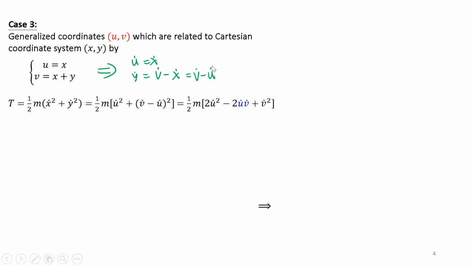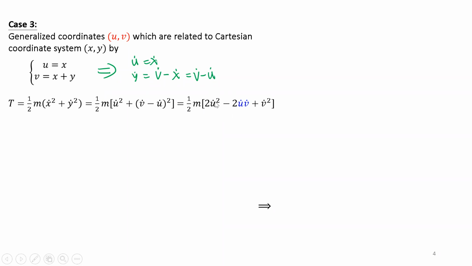Then you can see that this is m U dot squared plus V dot minus U dot all squared. If I just expand it out, this is what I get. It looks weird, right? It does not just contain the square terms, it also contains a term composed of the product of the two coordinates, which we call the cross terms.